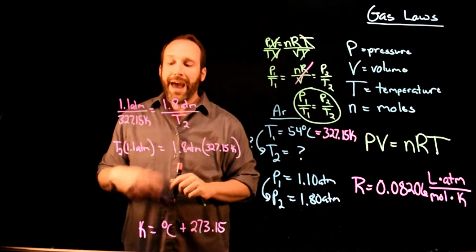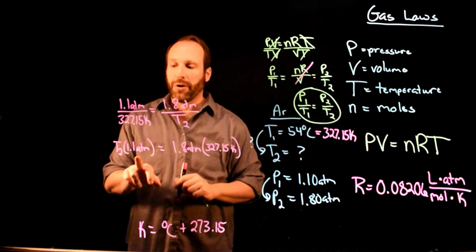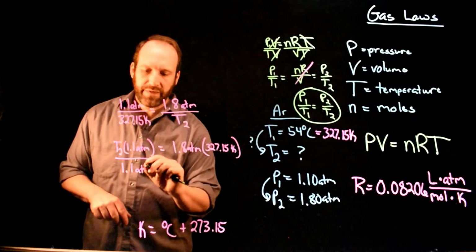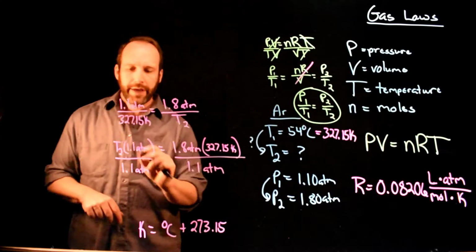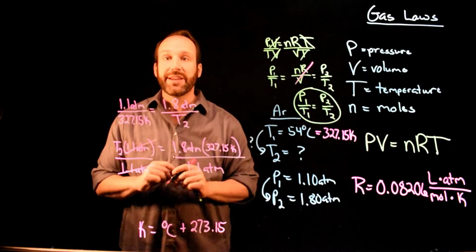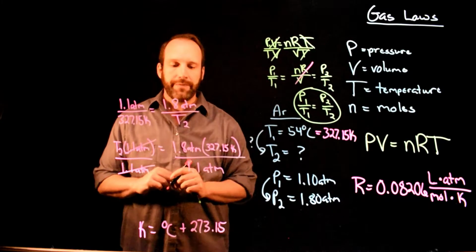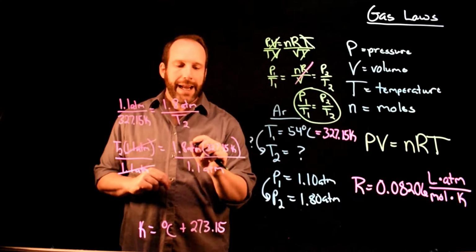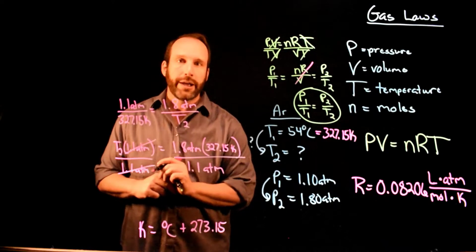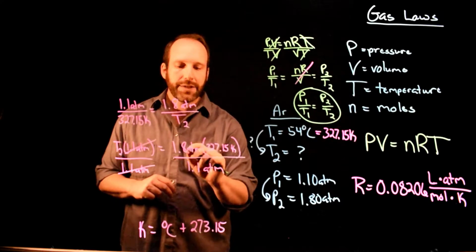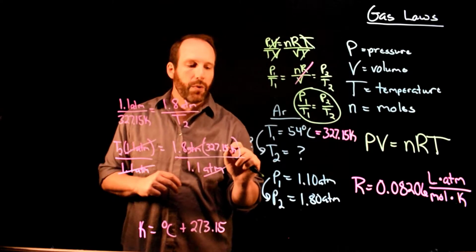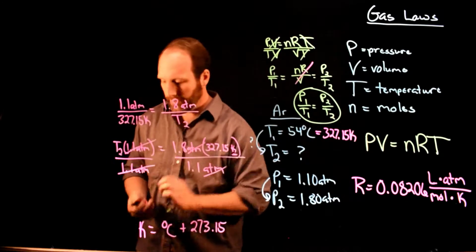Okay. Now we want to do the dividing part, right? So now let's divide both sides by 1.1 atmospheres. Okay. 1.1 atmospheres is going to cancel top and bottom and just leave me with T2 on this side of the equation. Here I've got 1.8 atmospheres times this temperature divided by 1.1 atmospheres. Well, none of the numbers cancel, but atmospheres cancels in the numerator and denominator. And so now the only unit left is Kelvin. Okay?